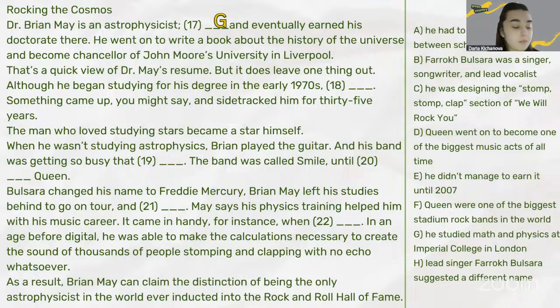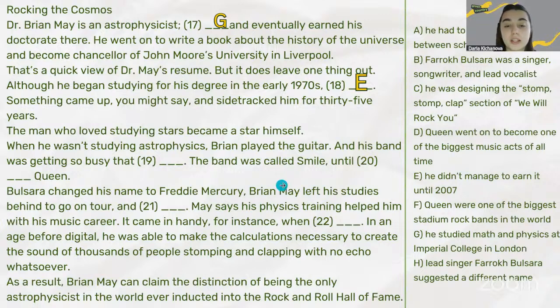And there we have, but it does leave one thing out. Although he began studying for his degree in the early 70s, what happened? Letter E. He didn't manage to earn it until 2007.